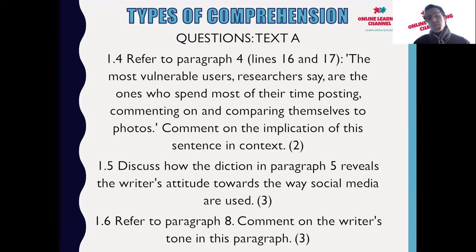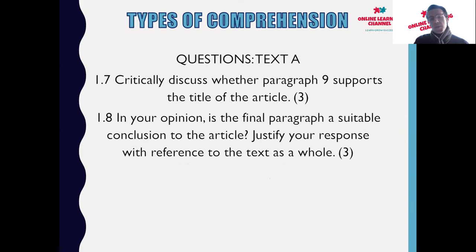If we go into the fourth question, refer to paragraph 4, specifically lines 16 and 17. The most vulnerable users, researchers say, are the ones who spend most of their time posting, commenting on, and comparing themselves to photos. If you were to comment on the implication of this sentence in context, what would you say?